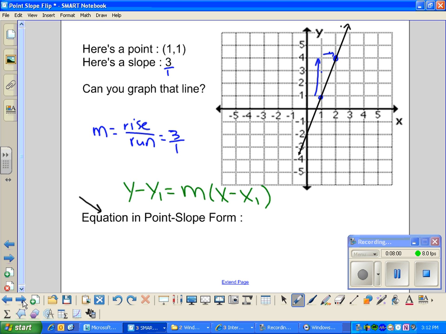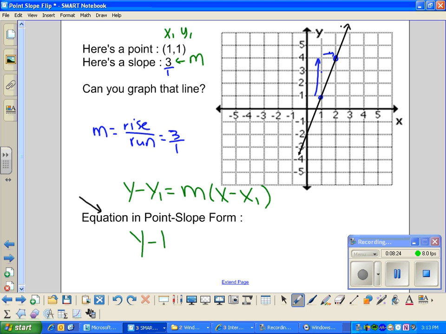So let's see. Before I start, let's actually assign our values. So this is going to be x1. This is going to be y sub 1. And this is going to be what? M. That's my slope. Just plug in the values. Y minus, what's my y sub 1?